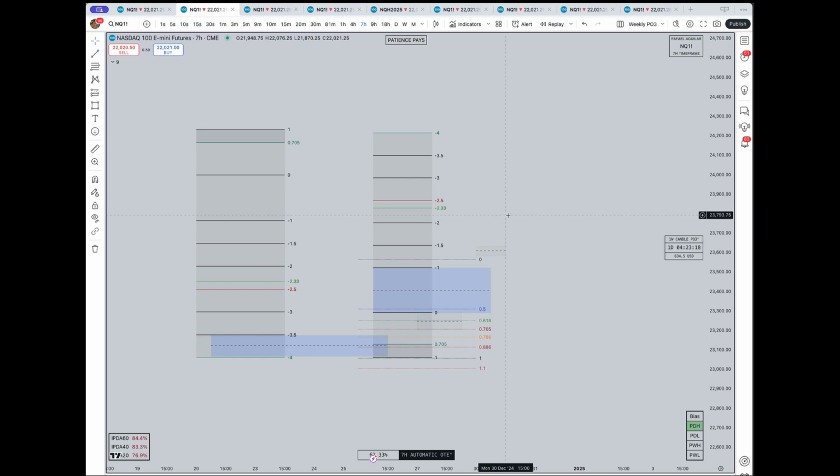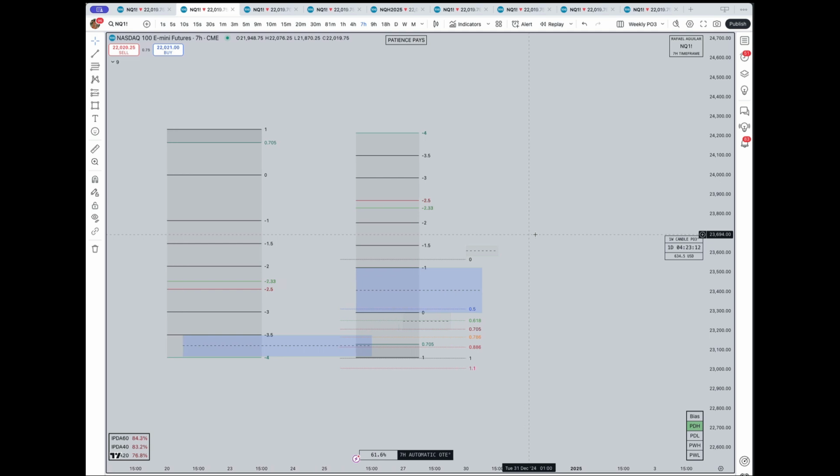Price will expand into 2.5 and 3, but the speed, the ICT always says, I want to see speed. The silver bullet zone will happen between 1 and 1.5. So price will trade around this zone and retrace between 1 and 1.5. Right after you can see speed from this zone to 3.5.